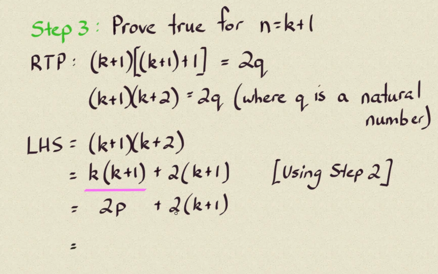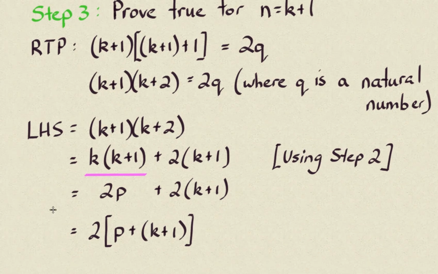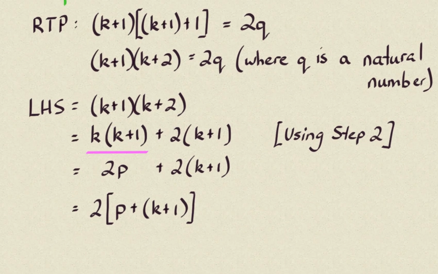So if we can drag a 2 out the front of this entire expression, which we can, what are we left with? p plus this k plus 1. And remember, p and k are both just different natural numbers, which means this entire expression, p plus k plus 1, is also just some natural number, and in fact, we'll call it q.